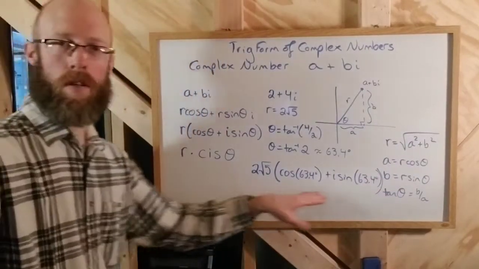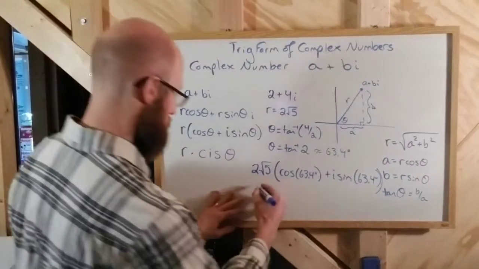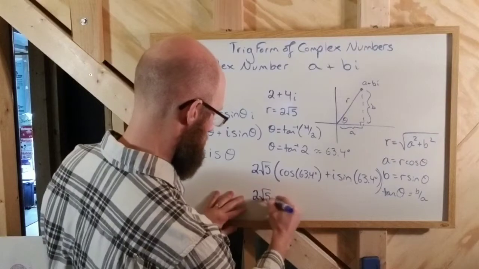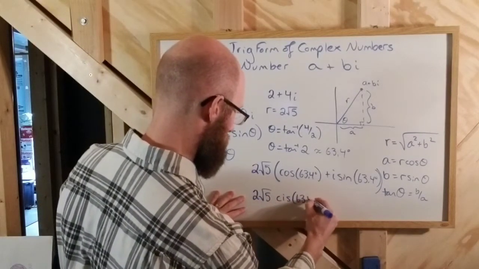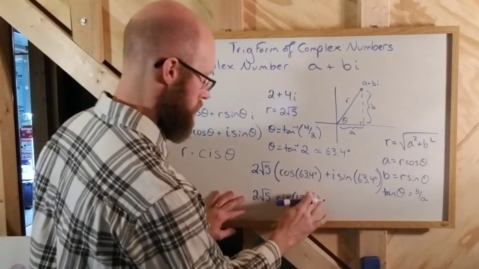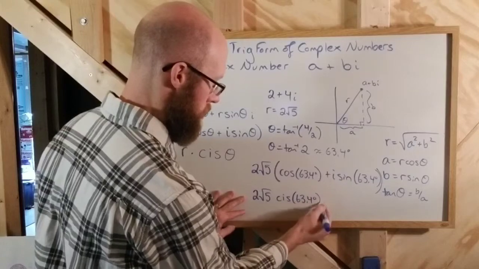There you go, that's the long way to write it. Or we could do a shorthand way, which is just 2 root 5 CIS 63.4 degrees. Okay, and so you could really do either of these.